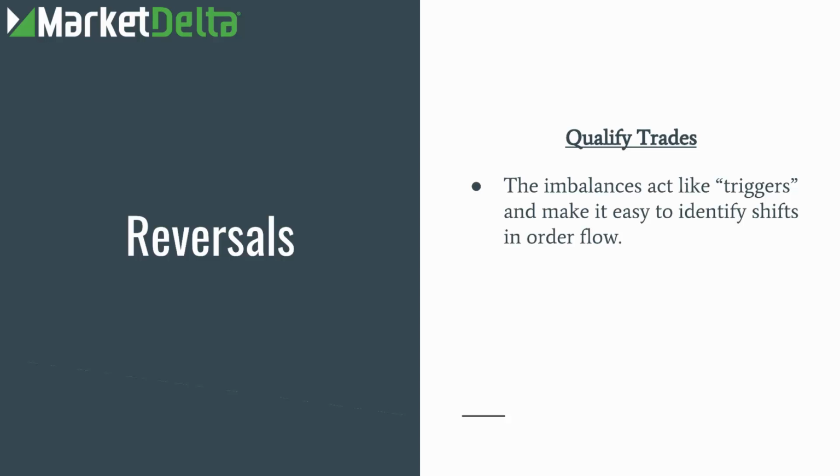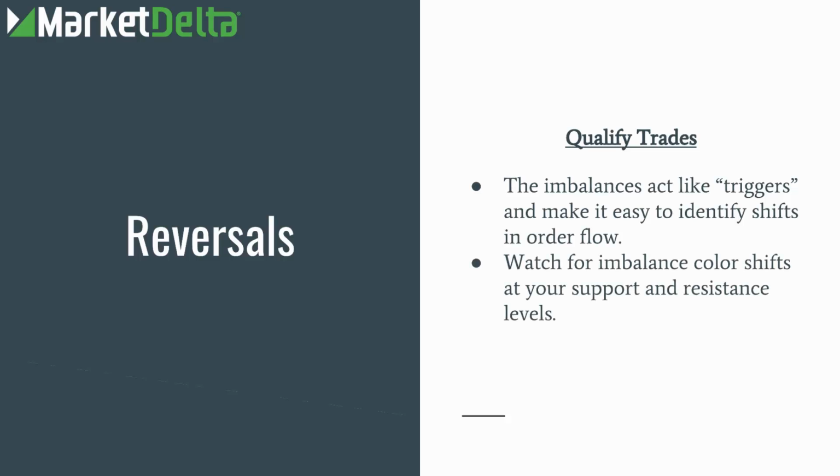And it's because as the market approaches, let's say you got a resistance level up above where we're currently trading, when the market trades up to that level or around that level, and you see a sell imbalance come in, you see it literally light up in real time on the current bar, that is a trigger. That's a sell trigger.